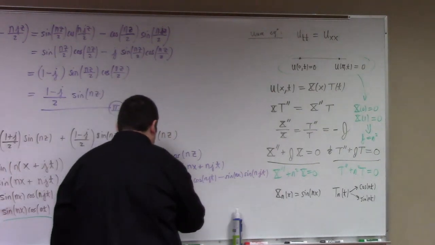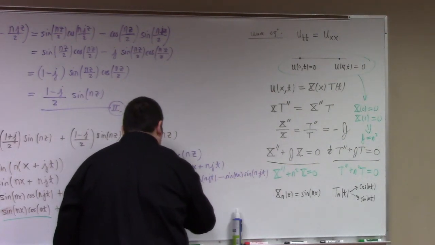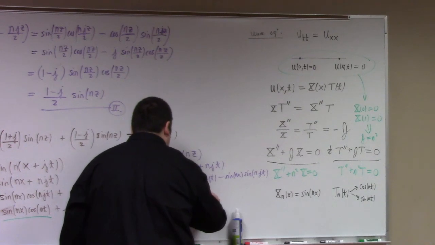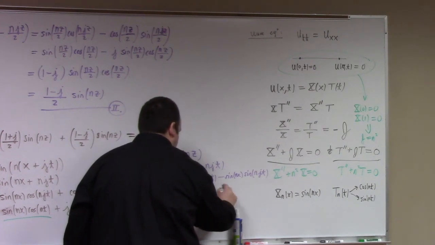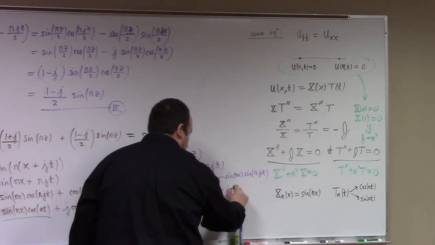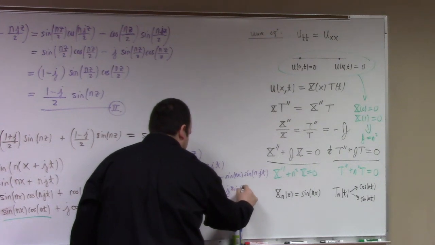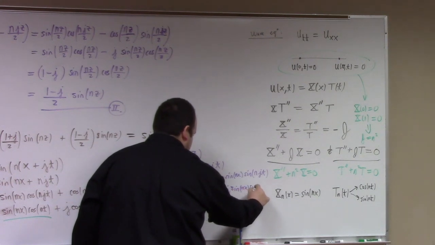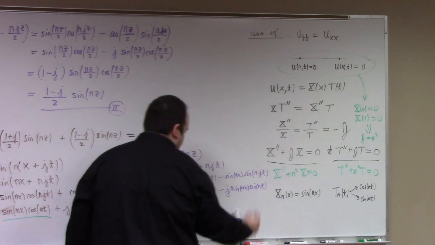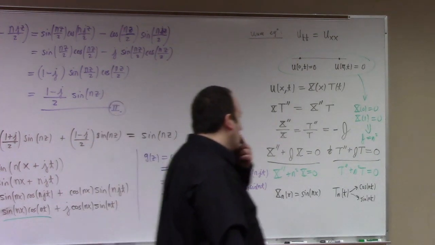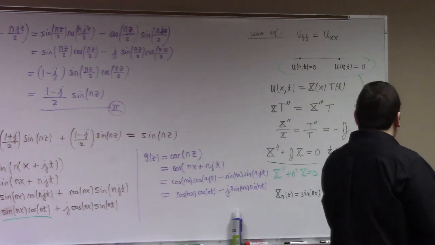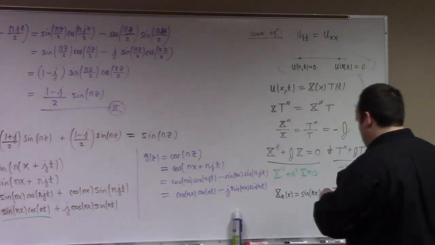And again, we absorb the j, and so we got ourselves a cosine nx cosine nt minus j sine nx sine nt. That's the missing link over there. That's the squiggly wiggly wiggly.